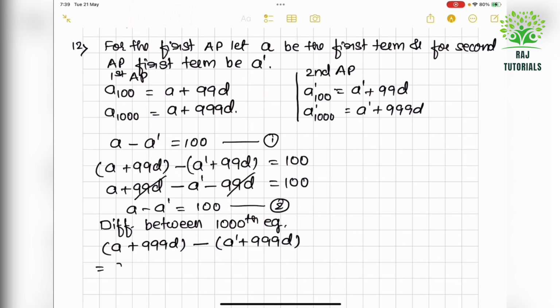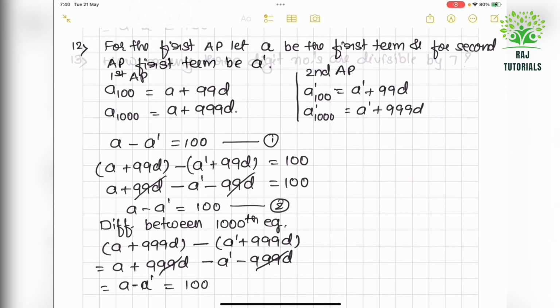So that will be equal to A plus 999D minus A dash minus 999D. So again this got cancelled. So A minus A dash will be equal to 100. So the difference between their 1000th term will be 100.